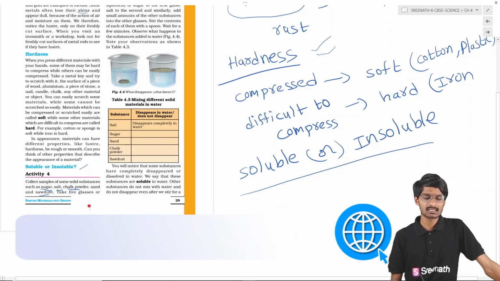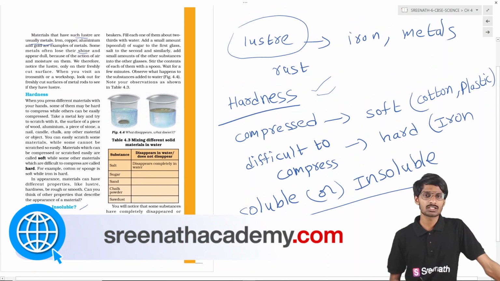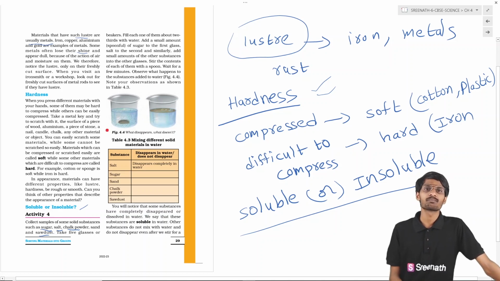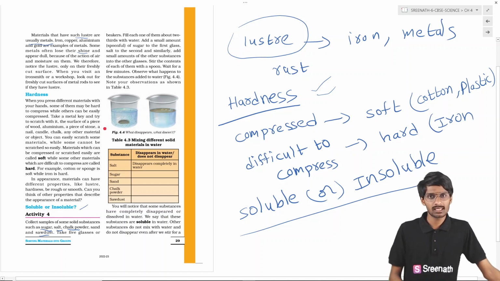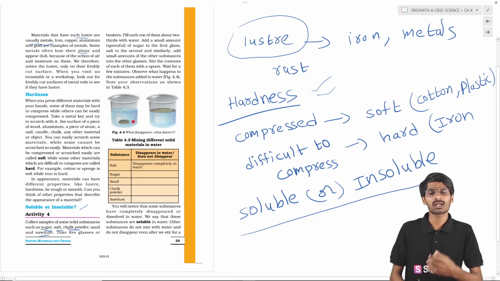Take 5 glasses of water and pour salt, sugar, chalk powder, sand and sawdust into different beakers with water and stir them. After some time observe the glasses. If you take the sugar, are there sugar particles, solid particles, in the glass of water or not?